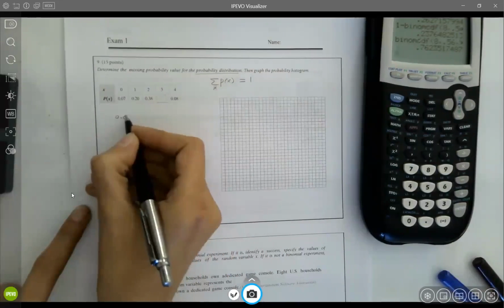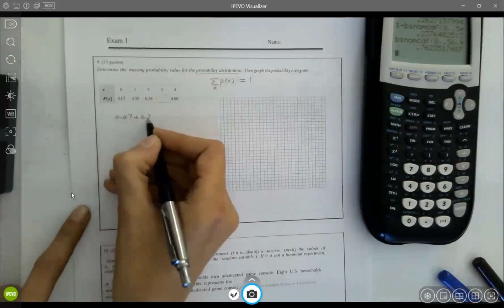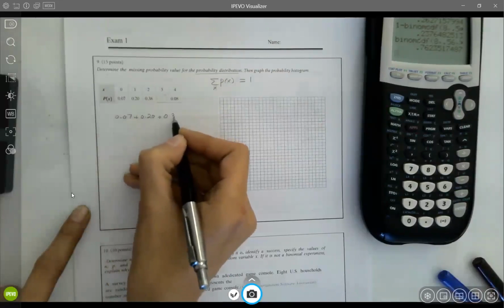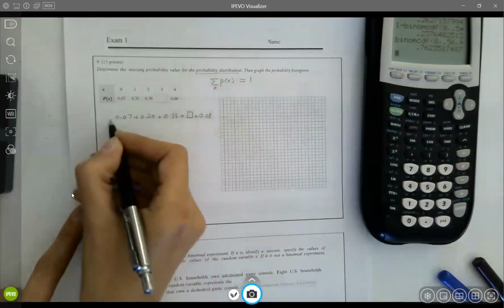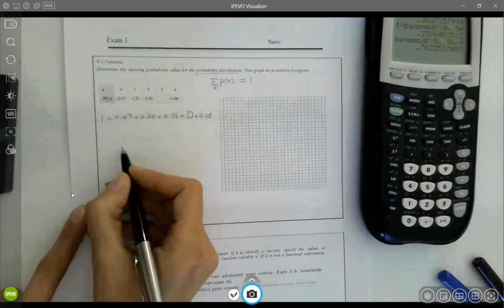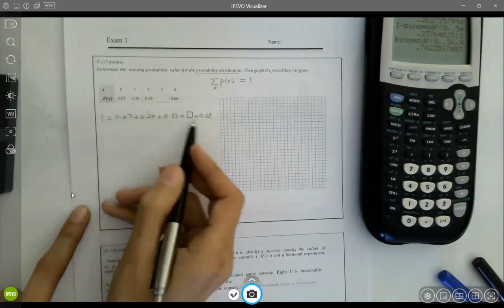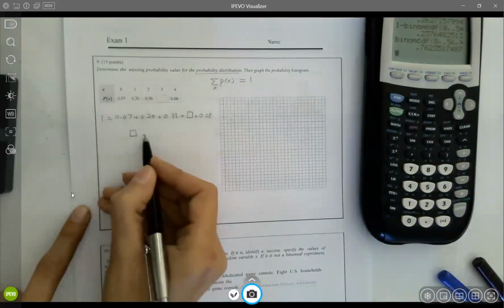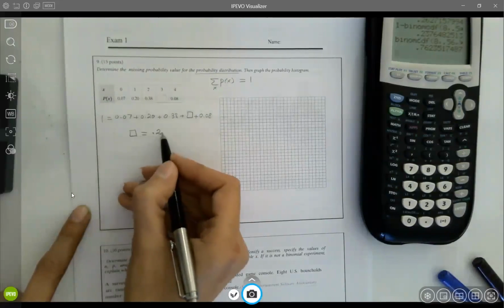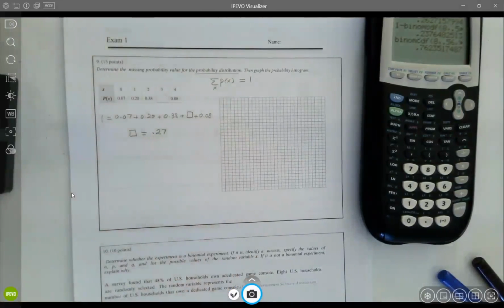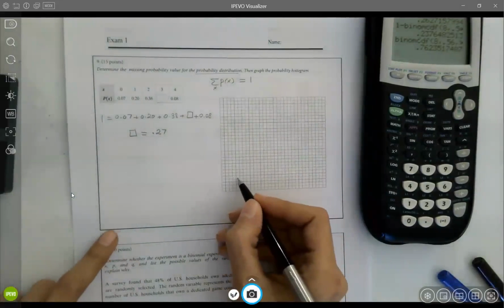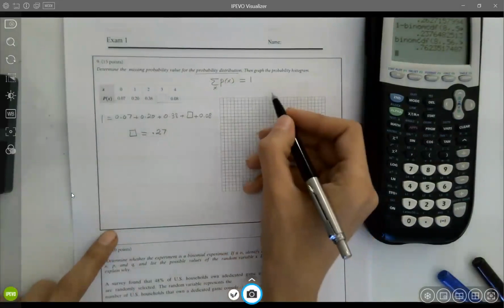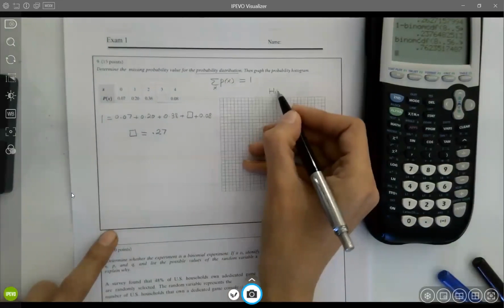So 0.07 plus 0.20 plus 0.38 plus this missing value plus 0.08 must be 1. If we add all of these together, the missing value is just equal to 0.27. So how do we graph this discrete probability distribution? We need a histogram.